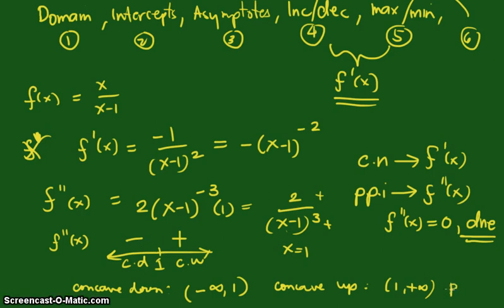Therefore, these are the POI, possible points of inflection. But the actual point of inflection will be when x is equal to 1. Then we just have to identify what is the corresponding value if x is equal to 1.